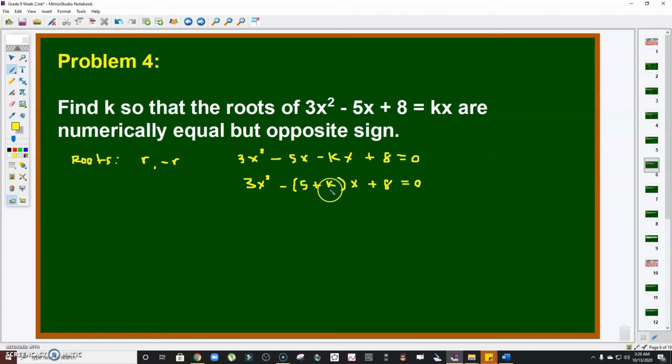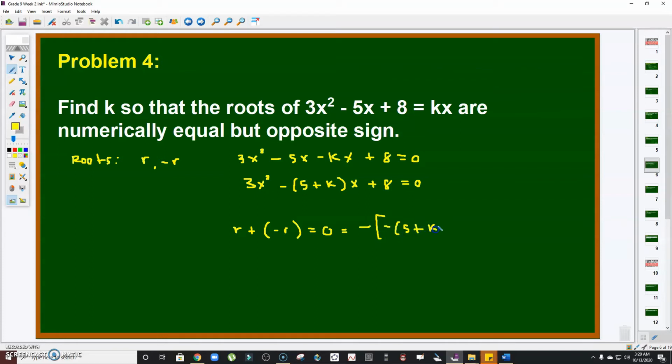So, since ang inahanap natin ay k, I'm going to use the relation of the sum. So, yung r plus negative r, which is 0, that's equal to negative of negative 5 plus k.